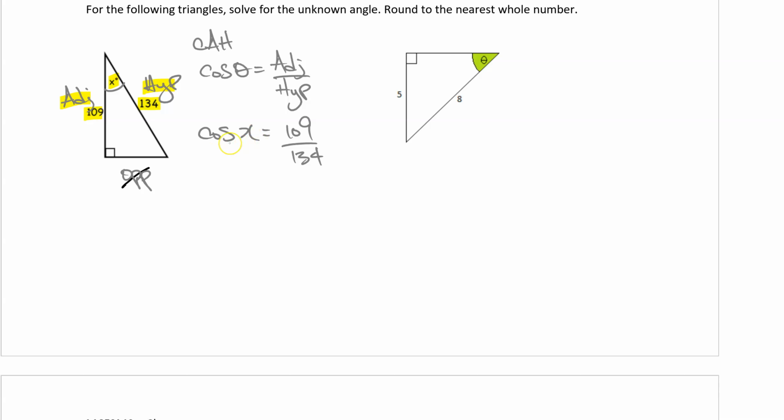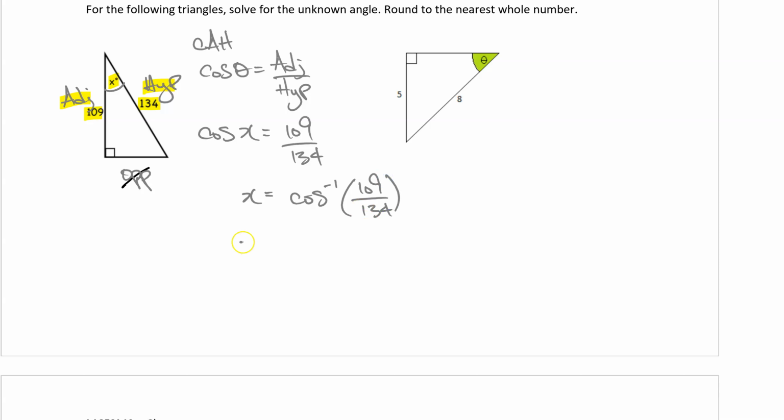In order to get rid of the cosine, you want to divide by cosine on both sides. Instead of dividing both sides by cosine, we're going to use the opposite of cosine, that's cosine inverse. When you do that, you get x is equal to cos inverse of 109 over 134.